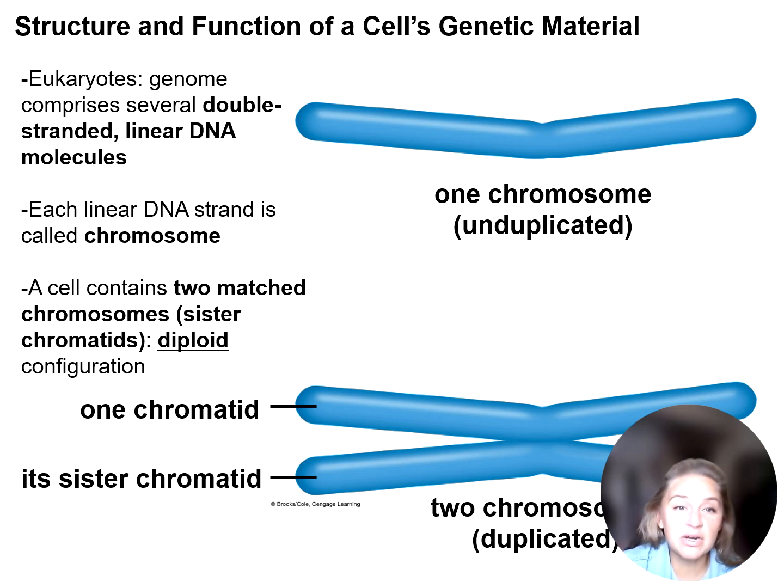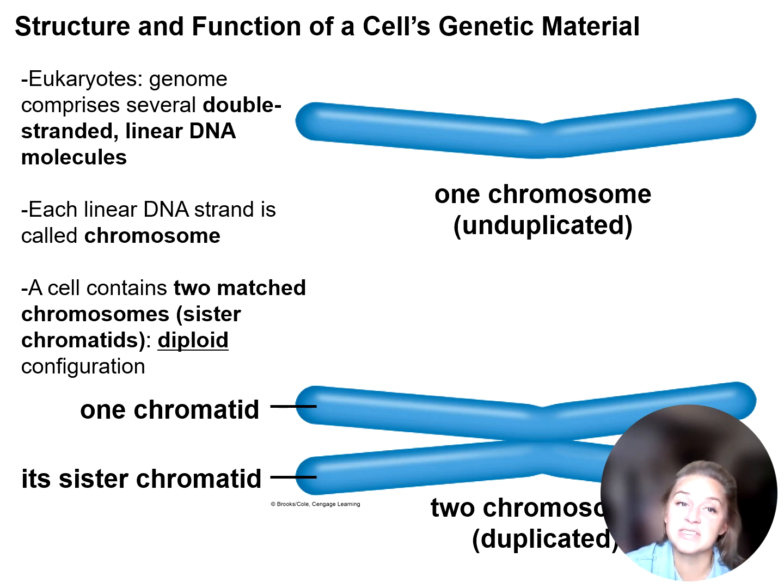Okay, so in eukaryotic organisms, the genome comprises several double-stranded linear DNA molecules. It's important to indicate that these are linear because there are some organisms that have circular DNA. We're not going to talk about any of that today, but bacteria, for example, can have circular DNA.